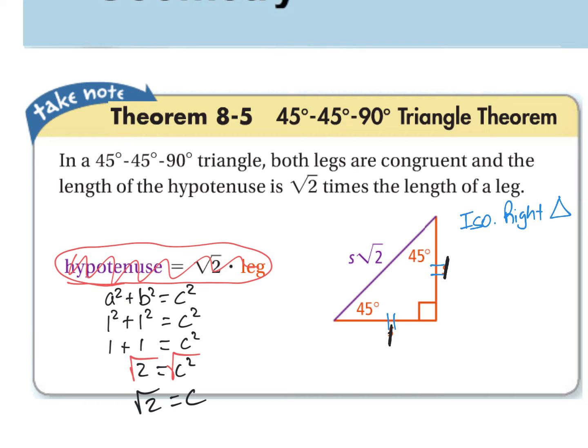And that is important. That is significant. That gives us 3 numbers, 1, 1, square root of 2, that essentially match up with this isosceles right triangle.